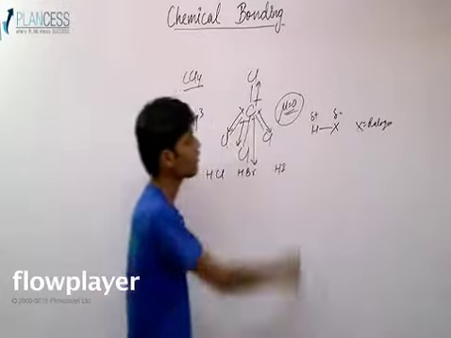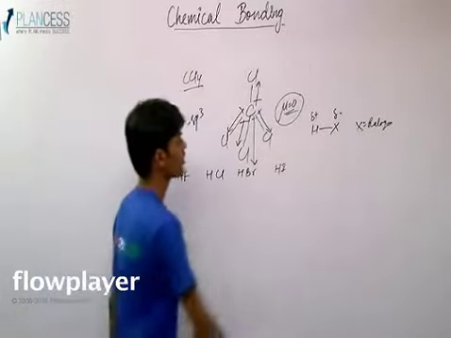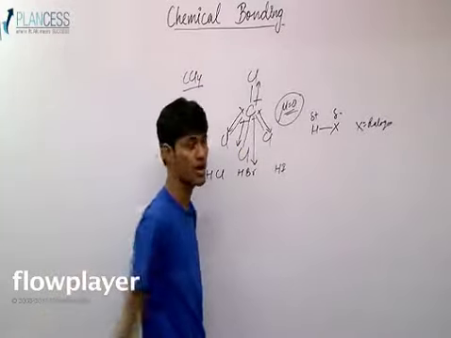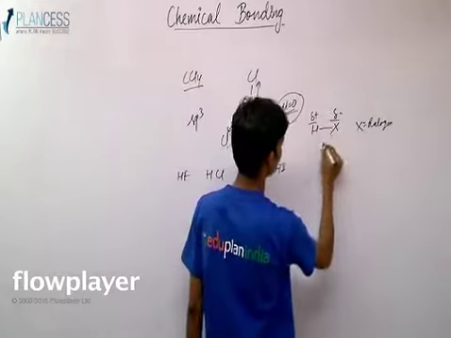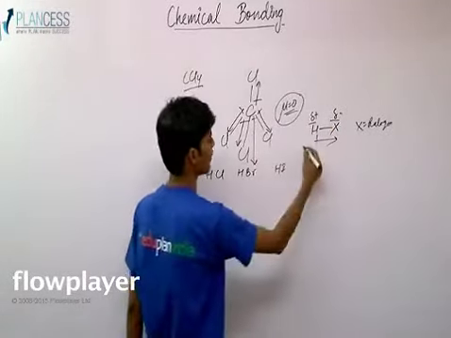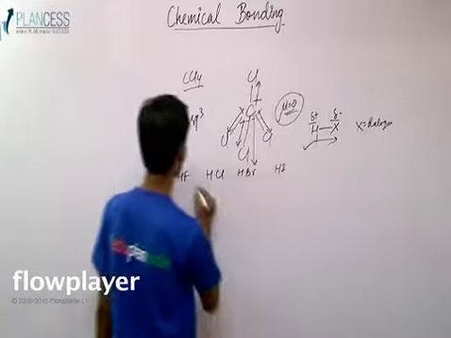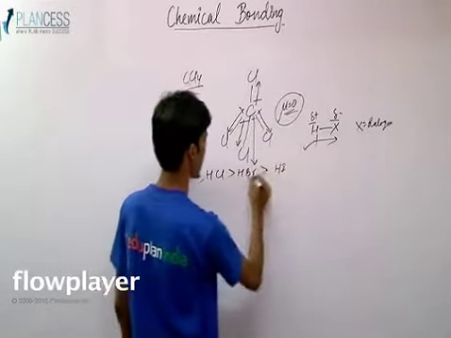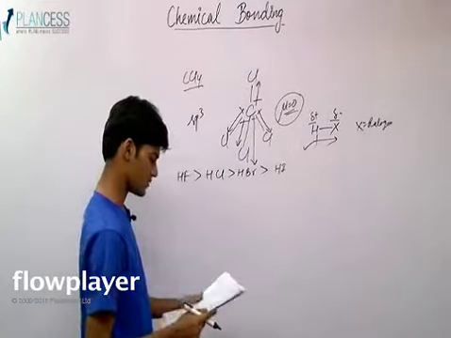The more electronegative the X is, the more delta positive charge would be on the H and more delta negative charge on the X. And as this charge increases, we know that dipole is directly proportional to the charge, so the value of dipole would be more. So HF would have the most dipole moment, then HCl, then HBr, and then HI.